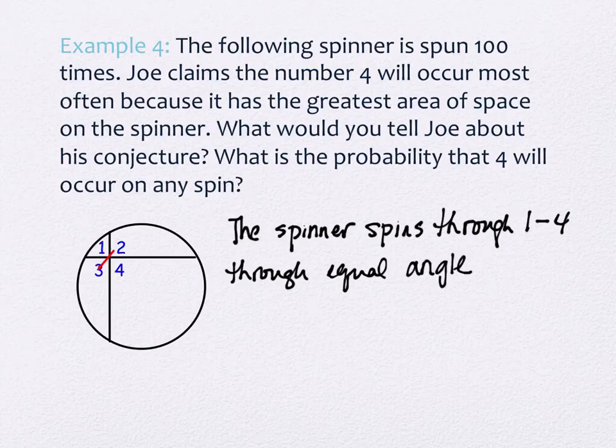Right, the angle measure that it spins through for this angle that's marked as 1 is the same as the angle at 2, the angle at 4, and the angle at 3. They're all equal angles that it's spinning through.